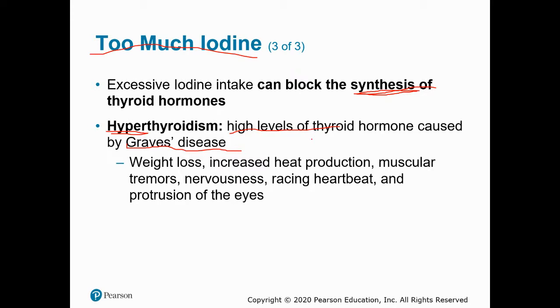In hyperthyroidism, we see hypermetabolism: increased heat production, muscle tremors, a lot of nervousness, a super high heart rate. The eyes might even protrude a little bit, starting to pop out. And with all this increased metabolic activity, there's a greater likelihood of weight loss in hyperthyroidism.